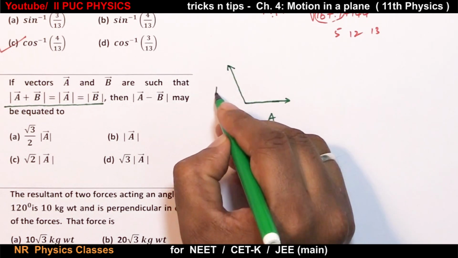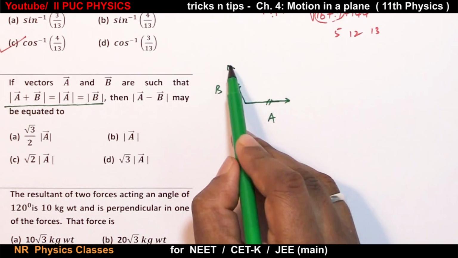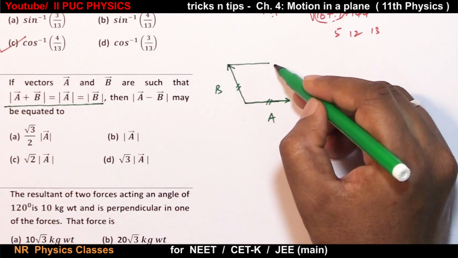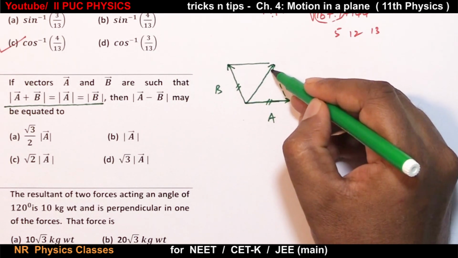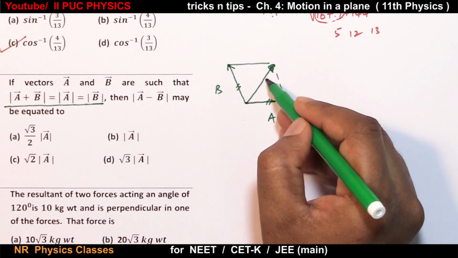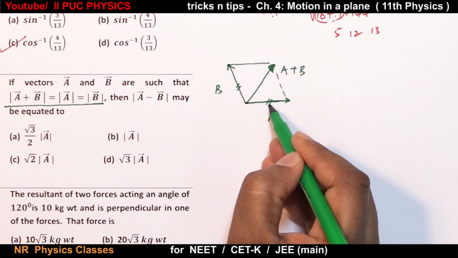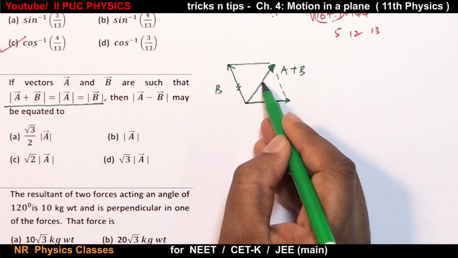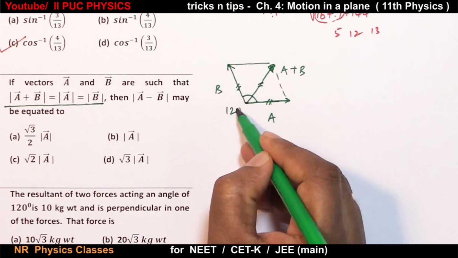This is A, this is B. I am keeping the length of this equal to this. Let me complete the parallelogram. This is the resultant. The diagonal passing through the common initial point represents the sum, which is A plus B. Observe, length of this equal to this equal to this. True only when theta is 120 degree.